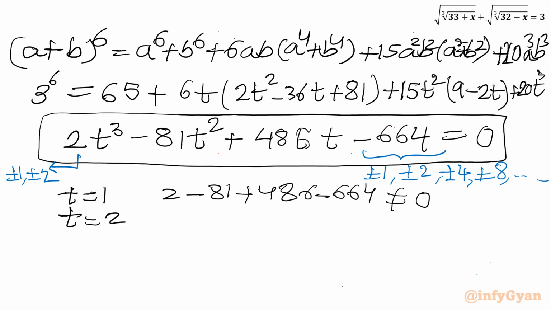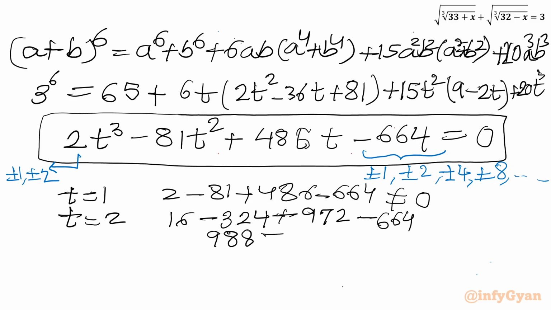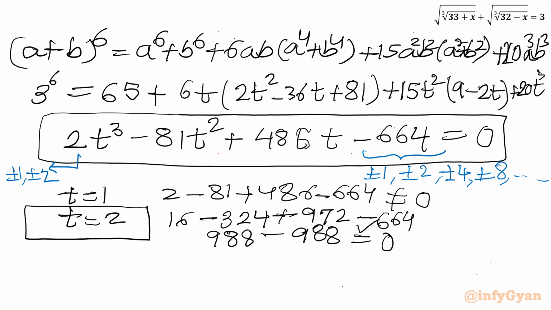So 2 cube is 8. 8 times 2 is 16 minus 81 times 4, so 324, plus 486 times 2. So this value will be 972 minus 664. If I will check, it is 988 with plus sign and 988 with negative sign. So this is giving us RHS 0. That means t equal to 2 is our base solution.